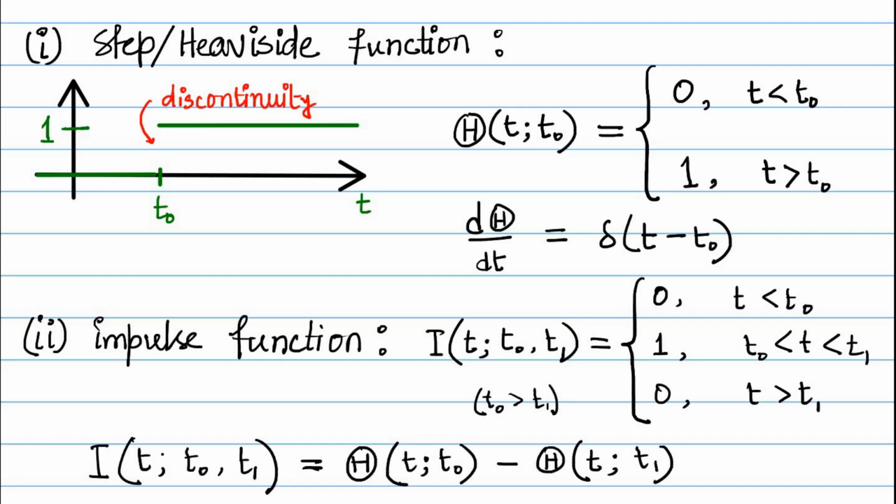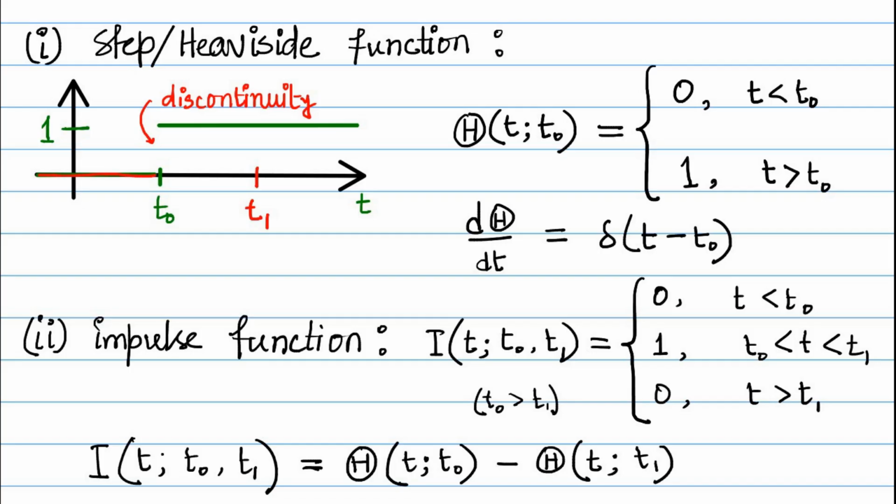And the way we can see it is very simple. So let me add another point on the t-axis. Let me call it t1. So what happens is that before t1, the first function gets to jump, and during t1, the second function jumps, but the other way around. So before t0, both of these functions are 0, right?